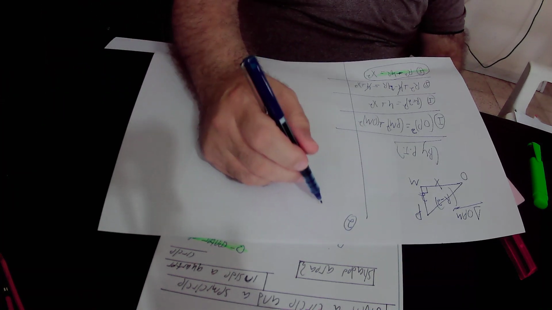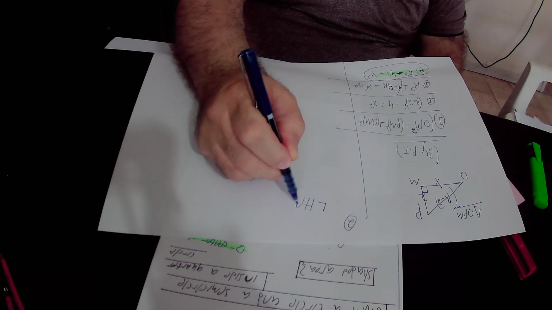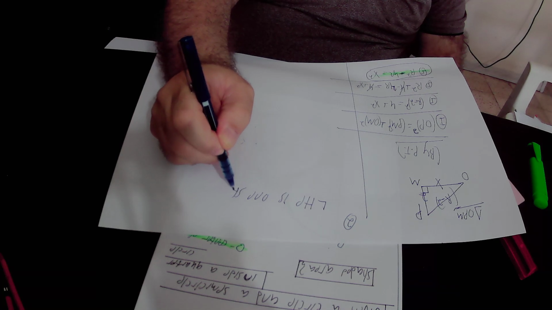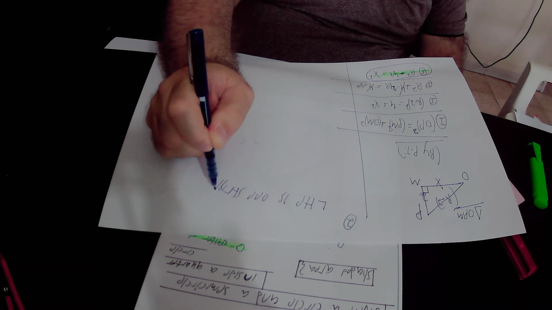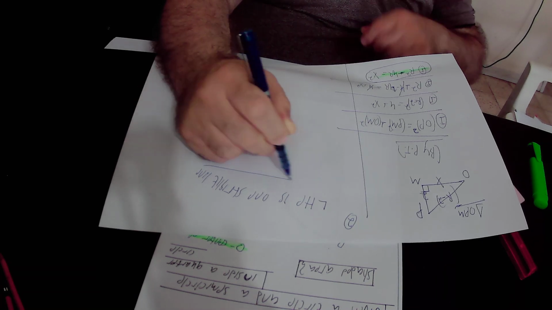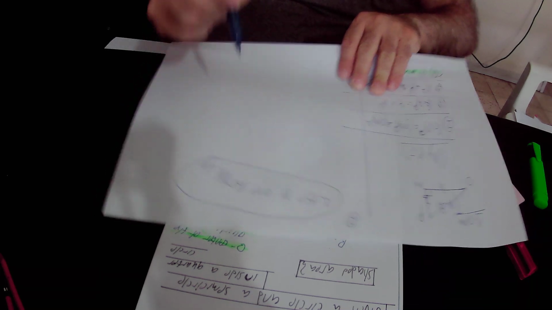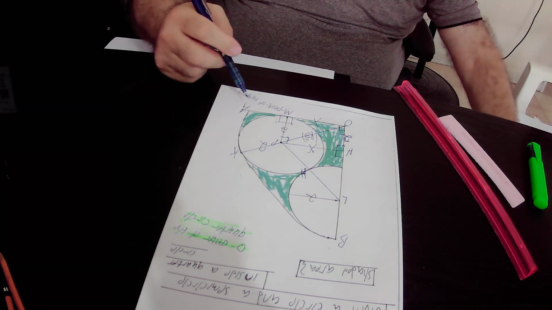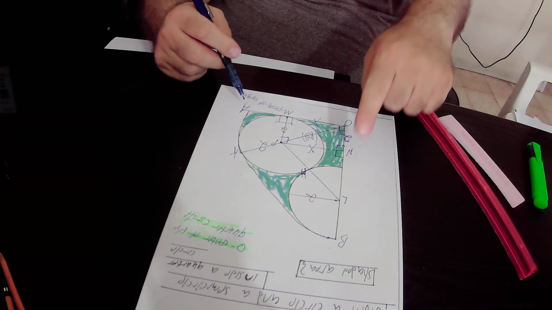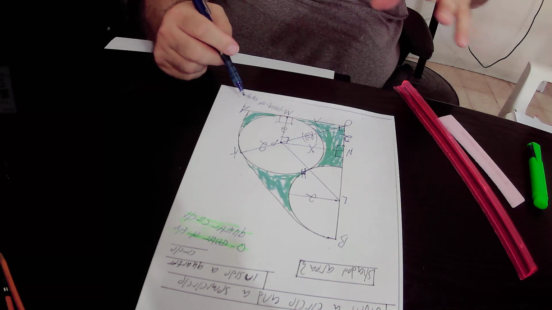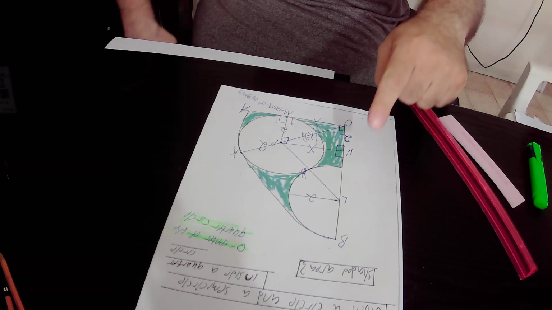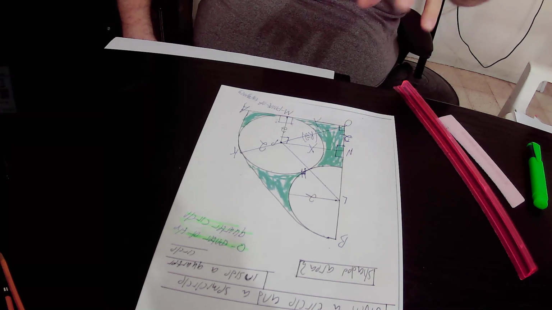We can also say in other words that points L, H, and P are all located on the same straight line.